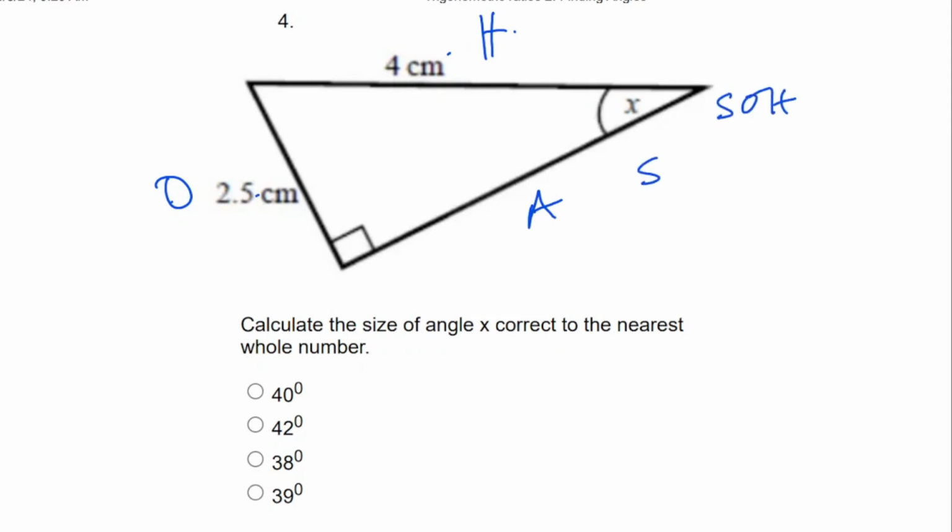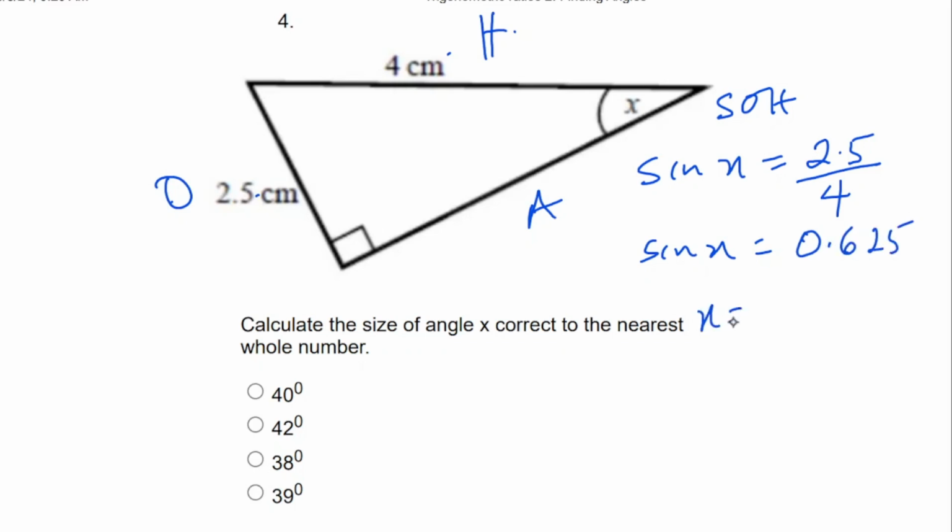So sine x equals 2.5 all over 4. That's sine x equals 2.5 divided by 4, which gives 0.625.